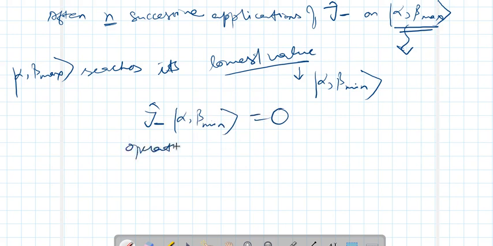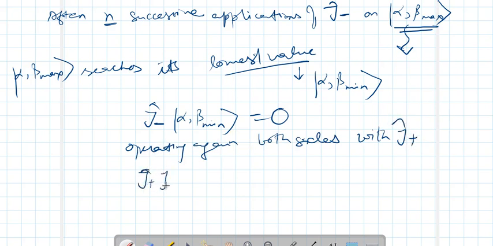Now operating again on both sides with J+, J+J−|α,β_min⟩ must be equal to 0.